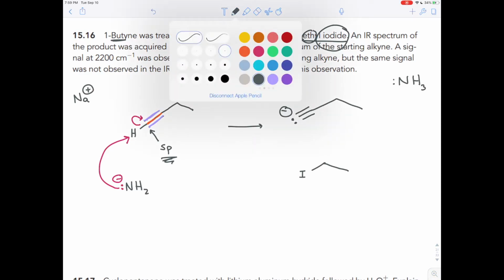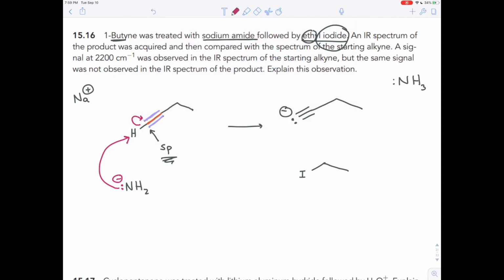All right, well, iodine is all the way on the right on the periodic table, so it's kind of electronegative. Steals some electrons for itself, becomes slightly negative, and the thing it's bonded to is slightly positive. And let me just draw this negative charge in red here so it's easier to follow. And so the alkyne, this carbon nucleophile, is going to attack the slightly positive carbon.